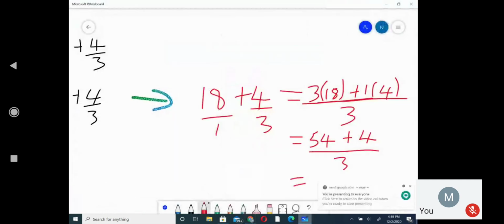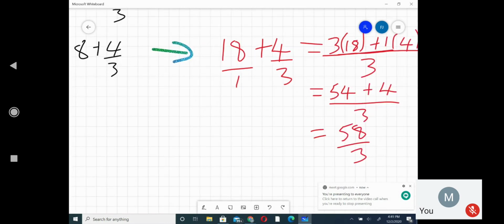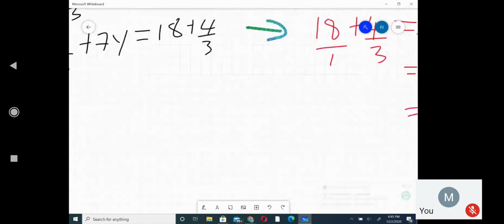54 plus 4 equals 58. And it's 58 over 3, right? And then the other fraction that we need to work out is 18y over 3 plus 7y.